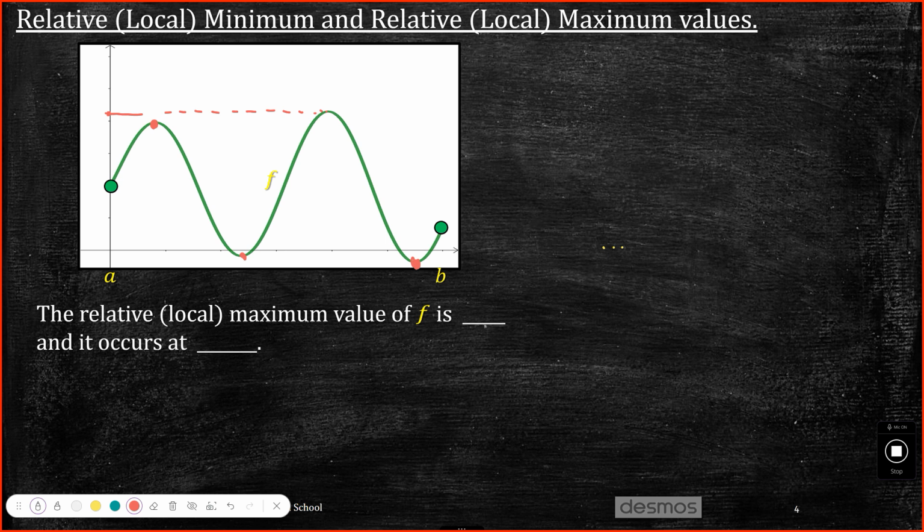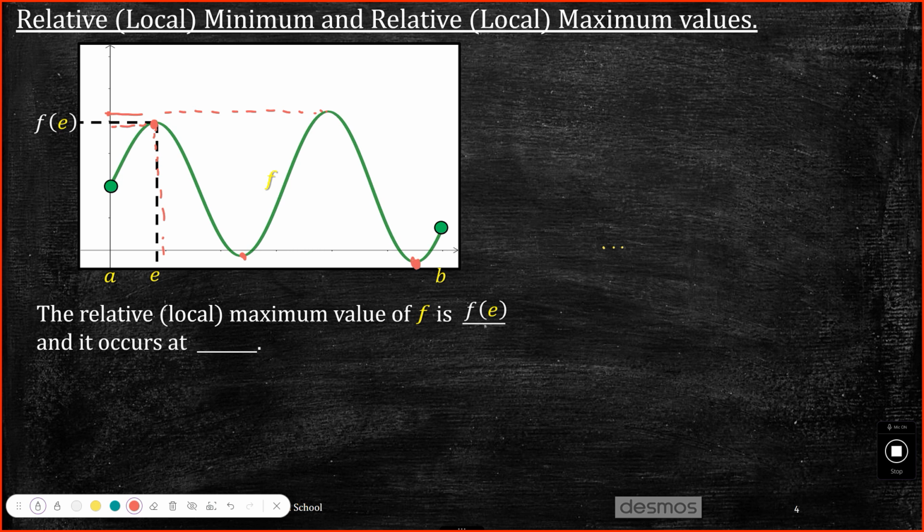So the relative local maximum value of f would be here. This is the relative max. It occurs at E, let's say f of E. And this one would be a relative min, because it's not the absolute min.